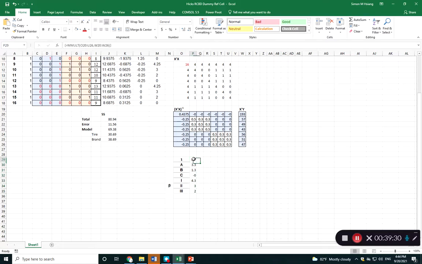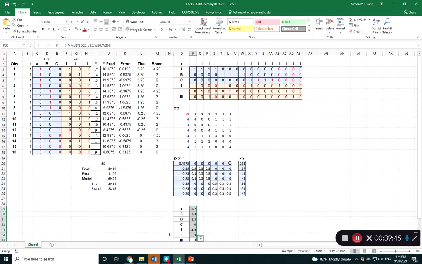And once you find your regression terms, intercept is 8.7. If it's brand A, it's 3.3, and so on, and here are your parameters. So now, if you said that, hey, here's my first observation, it's car 1. Brand tire is using A, and car is using number 1. So what will be my prediction?